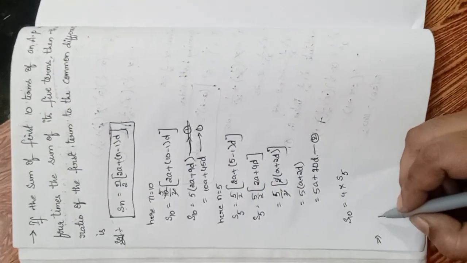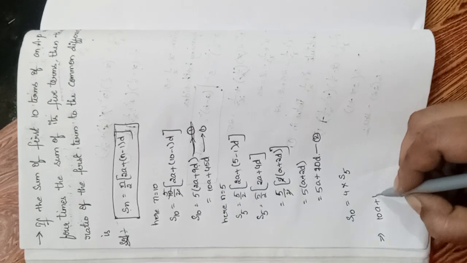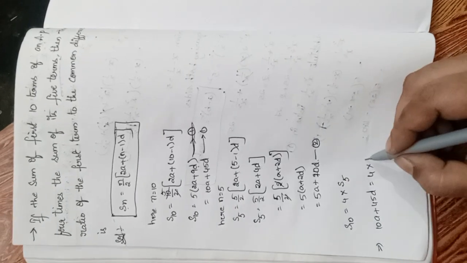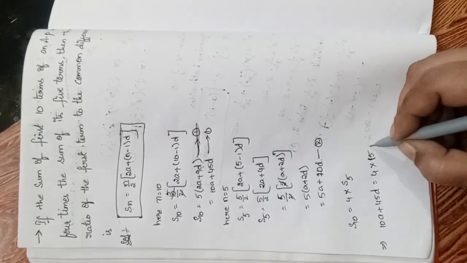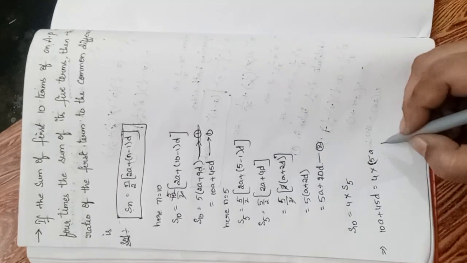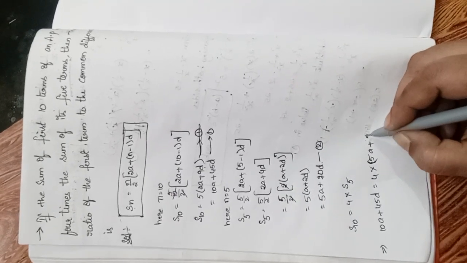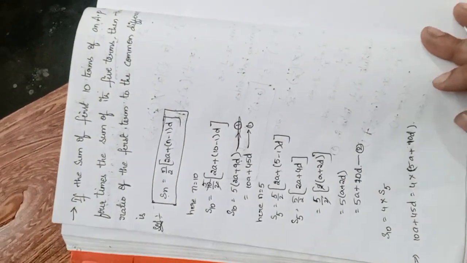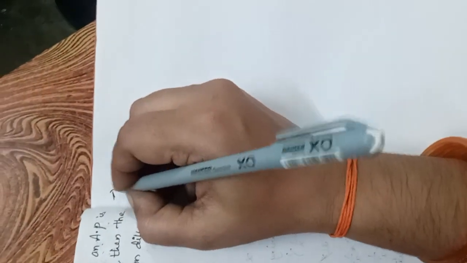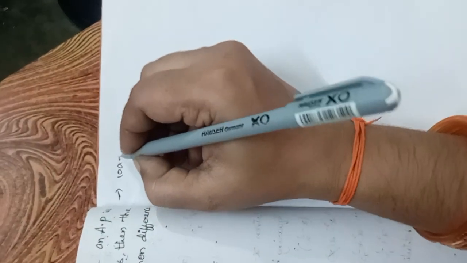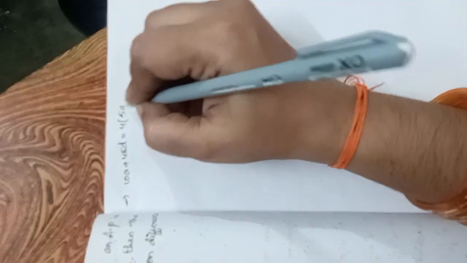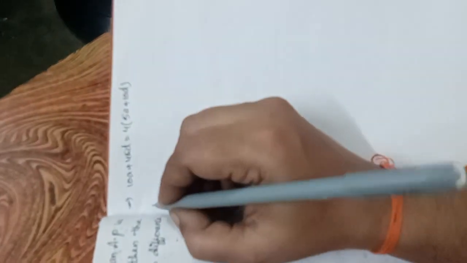S10 is 10a plus 45d, equals 4 into S5, which is 5a plus 10d. So what will we get? 10a plus 45d equals 4 into 5a plus 10d.